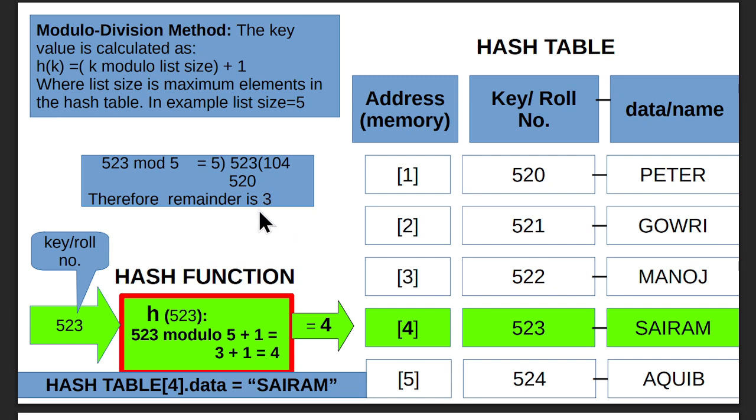Like the previous one, I'm going to add plus 1 to 3 so that my index value will result in from 1 through 5. So when I add 1, I get 4. So the hash function has indexed to the bucket with index value 4, and there we find that we have the key value and the data associated with it. So with the key value, we have indexed into the correct location.